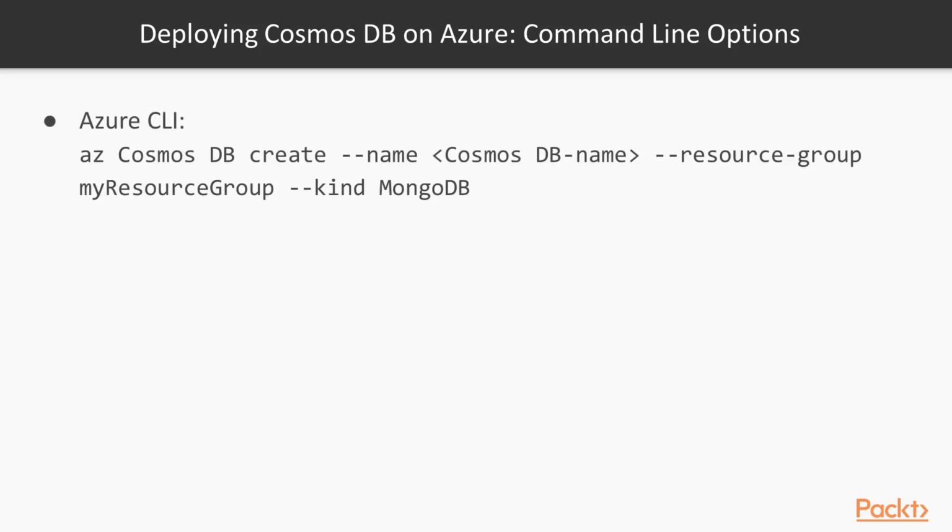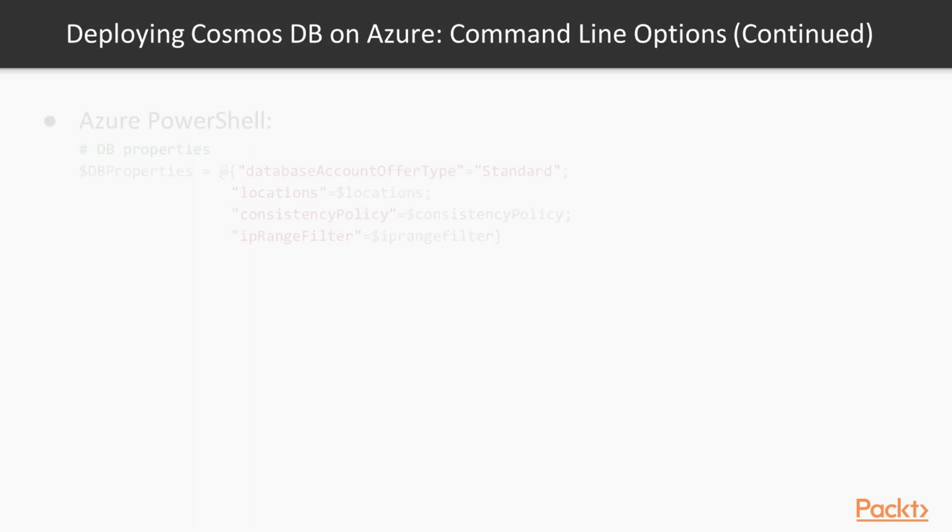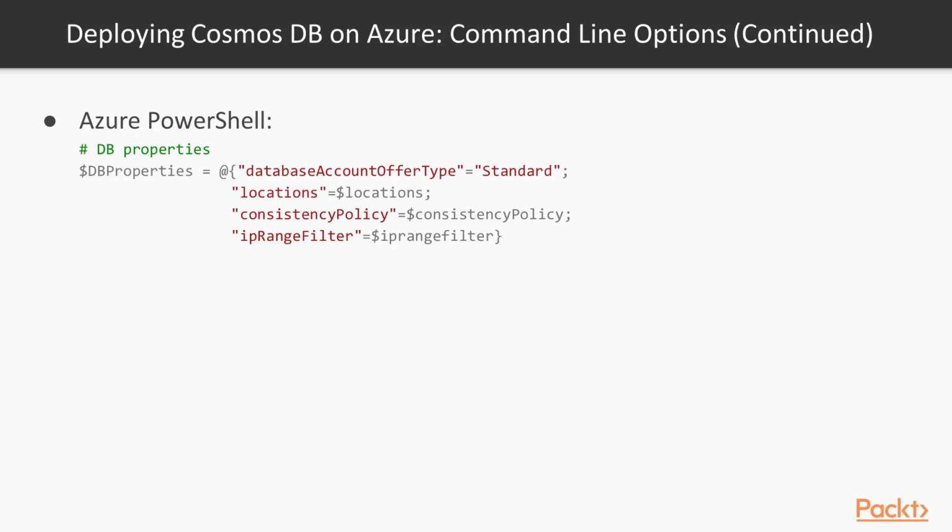Here are a couple of scenarios using az cosmosdb, where you point to the name of the Cosmos database and the resource group, and, most important, define the API you want to use, being MongoDB in our example. If you're more into PowerShell, you can manage Azure using PowerShell, deploying new resources as well, using the New-AzureRmResource command and defining the specific characteristics.